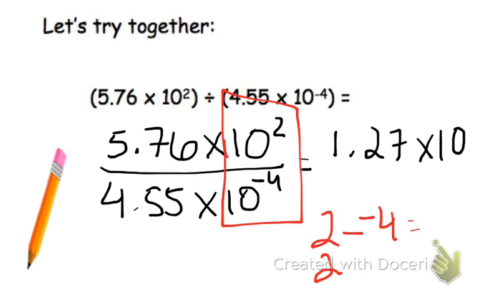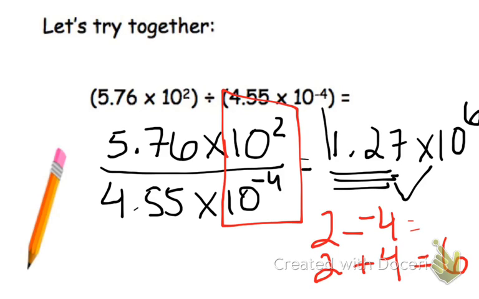So we have 2 plus 4, which gives us an exponent of positive 6. Our last step is to make sure that our coefficient is between 1 and 10, which it is. So we have our final answer. 1.27 times 10 to the 6th power.